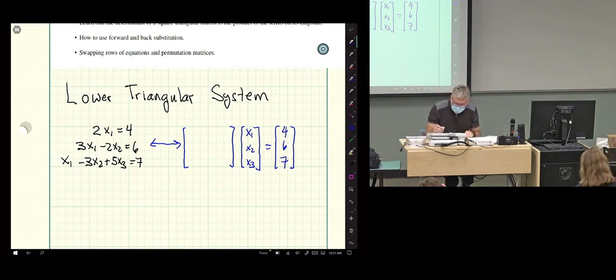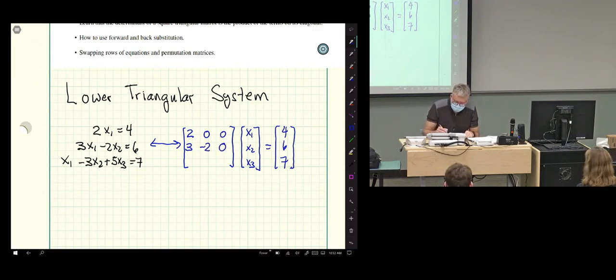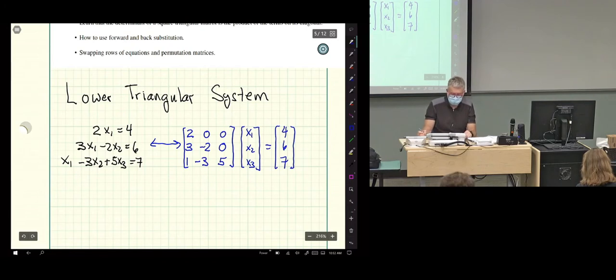So we go to the first equation and we fill out the first row of the matrix. If we're doing it that way, we've got 2, we've got 0, and we've got 0 because there's no x2 and no x3. And then on the second equation, we have 3x1s minus 2x2s and no x3s. And in the last equation, we have a 1, a minus 3, and a 5 for x1 minus 3x2 plus 5x3.